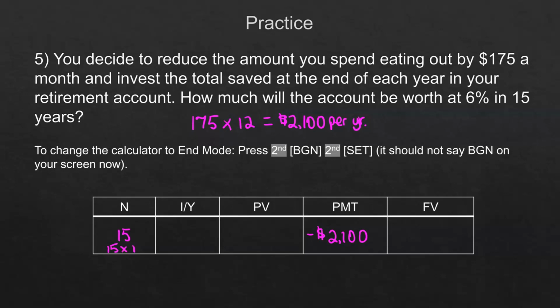And then 6% interest. It's annual, so we're only dividing by 1. Present value is 0. And once again, we are computing future value. What's this going to be worth at the end of the 15 years? So it is $48,879.54.